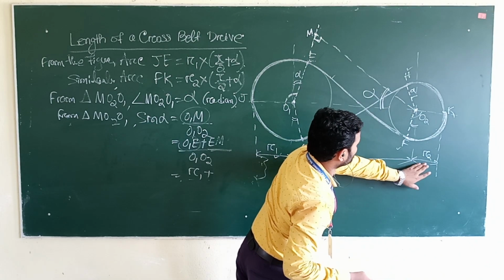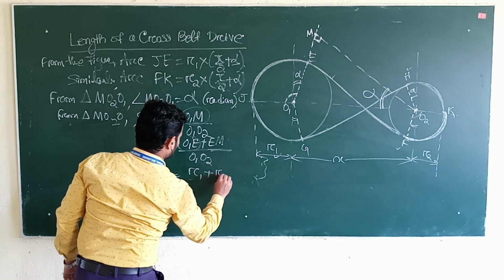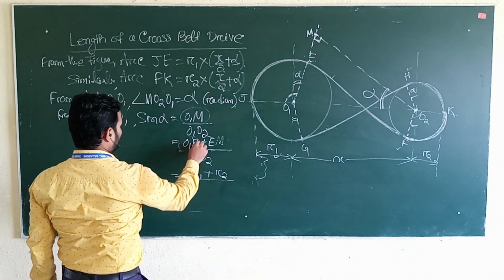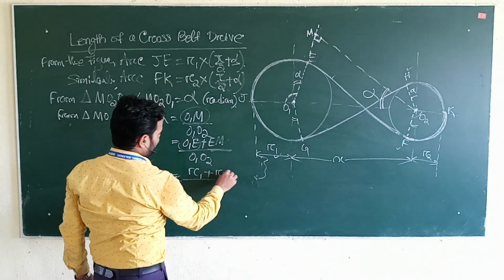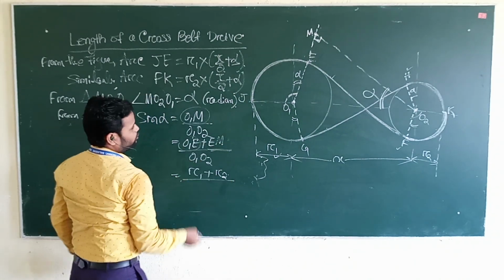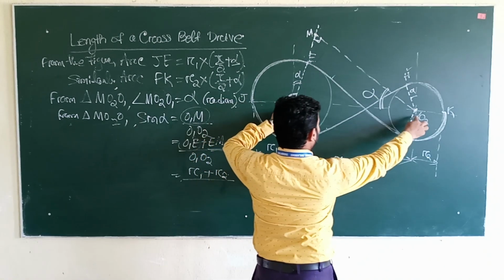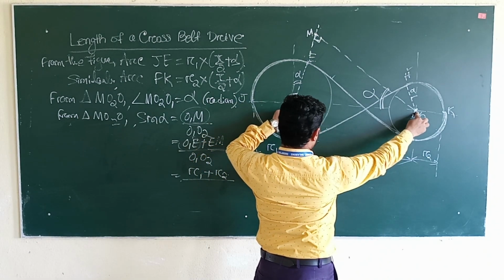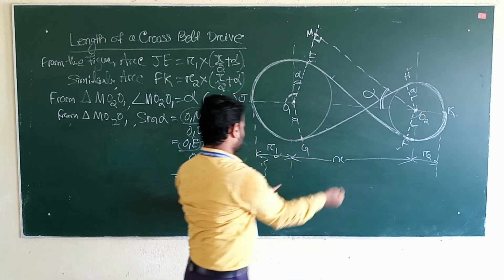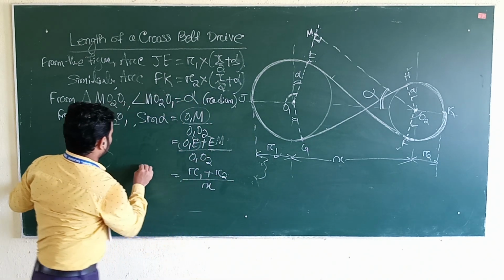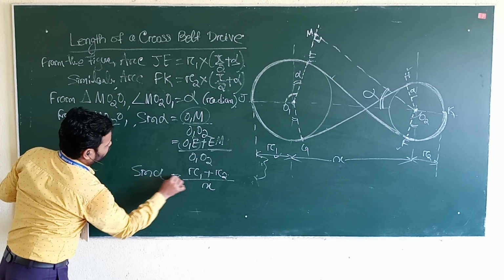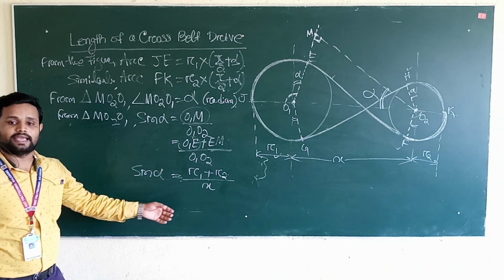O2F is the radius of smaller pulley, that is R2. So in place of O1E, I will write R1, and in place of EM, I will write R2. Next, O1 O2. We know that the distance from one pulley to another pulley, O1 O2, is your small x. So the value of O1 O2 is your x. So sin alpha equal to R1 plus R2 by x.